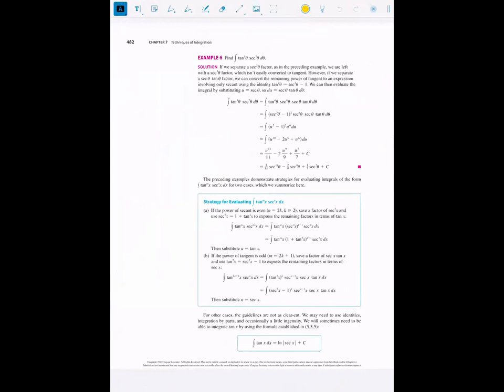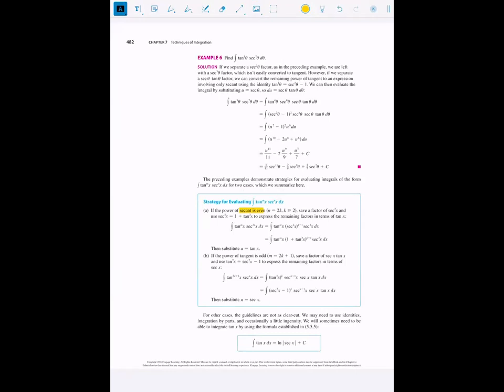Now we have our strategies for evaluating integrals of tan to the m of x, secant to the n of x. If you have an even power of secant, you're going to do like what we did on the first one.